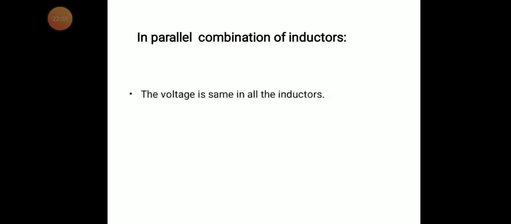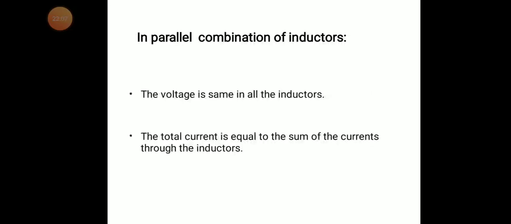Now you can see the parallel combination. In the parallel combination, the voltage is the same across all the inductors. If two components are connected in parallel, the common factor is voltage. The voltage drop across each element connected in parallel is the same, and the current divides, each component having its own individual current.